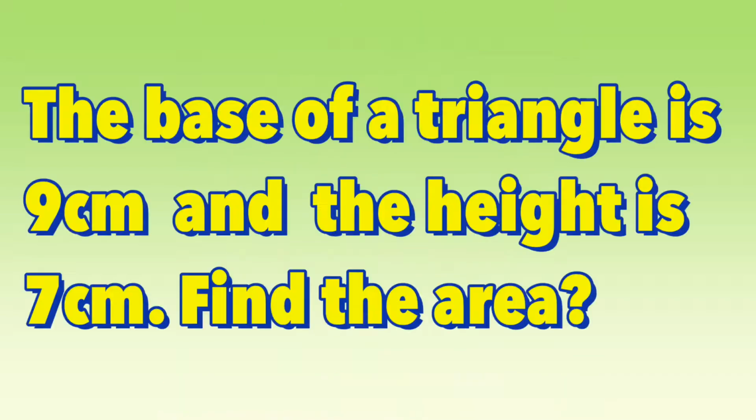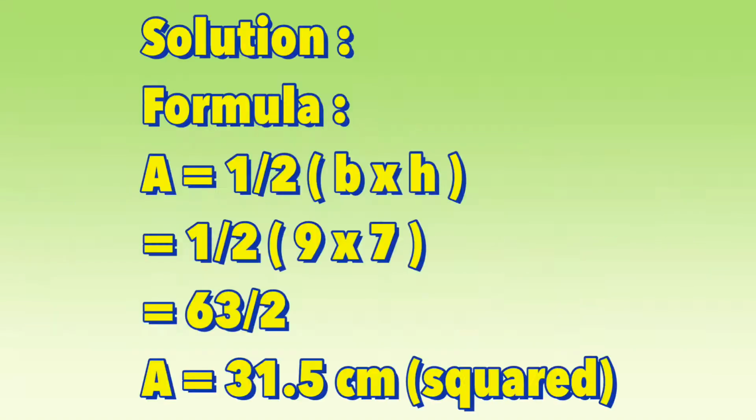Okay, the next problem, number 2. The base of a triangle is 9 centimeters and the height is 7 centimeters. Find the area. So the same formula that we're going to use: area is equal to 1/2 times the base times height.